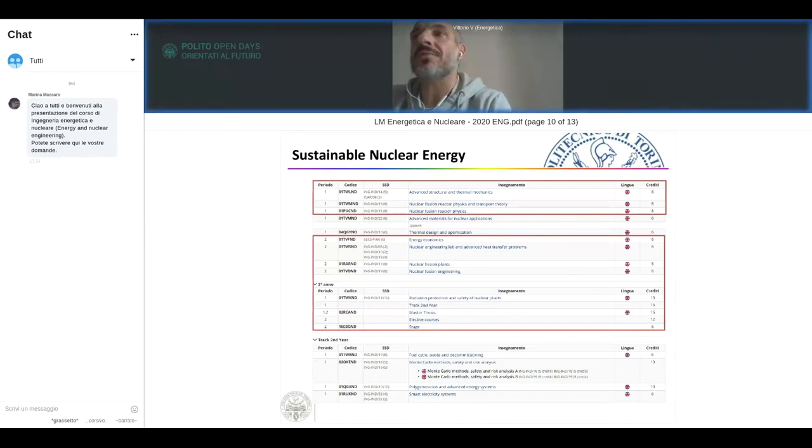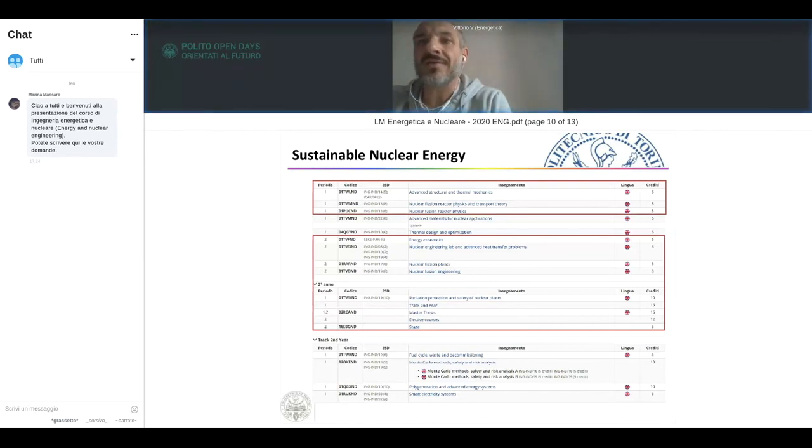And then here we have the two tracks, one on nuclear with advanced material for nuclear applications, fuel cycle, waste and decommissioning, and Monte Carlo method, safety and risk analysis. And the other one is related with different energy technologies.